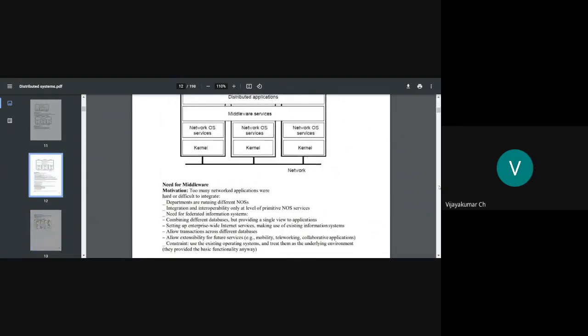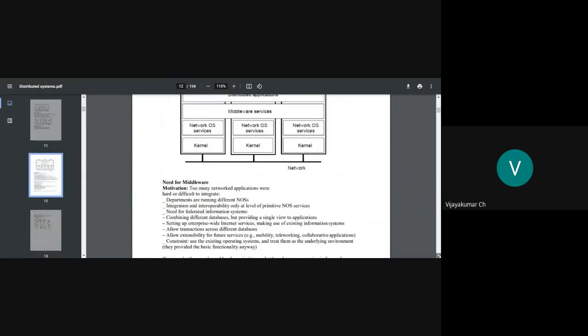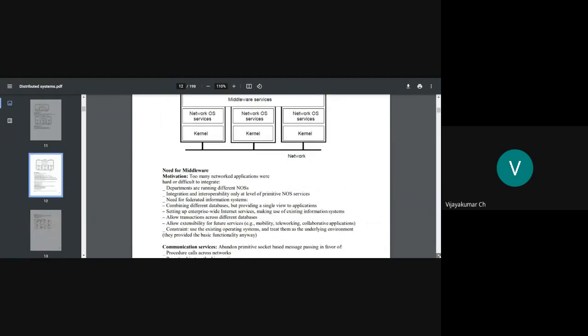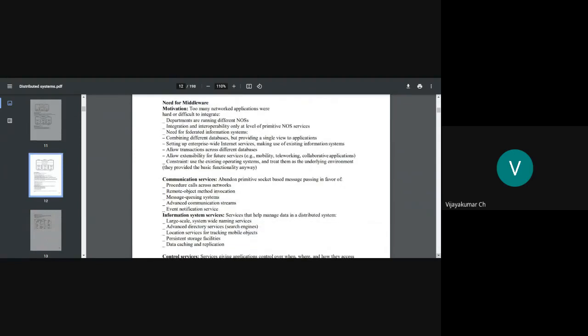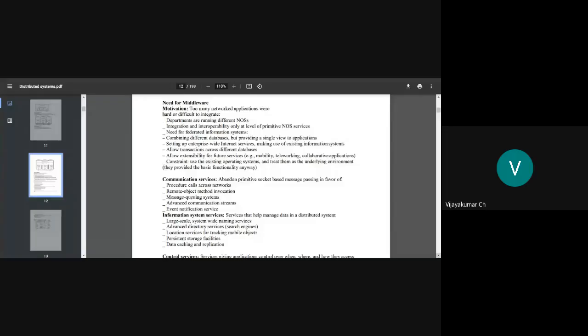Need for middleware. What is the need for middleware? Too many networked applications were difficult to handle and integrate. Departments are running a different NOS. Integration and interoperability exist only at a low level.